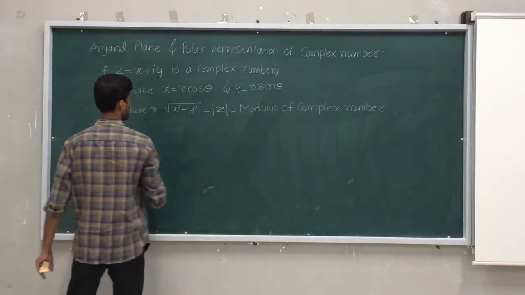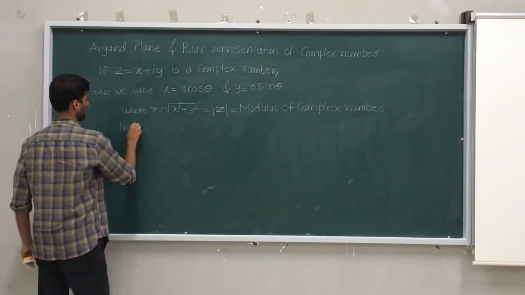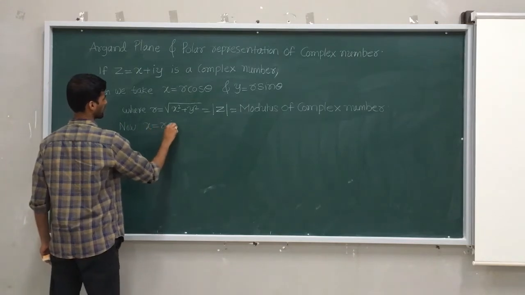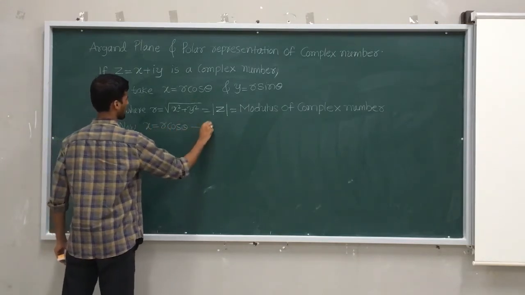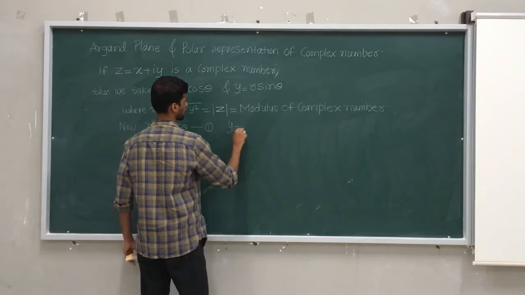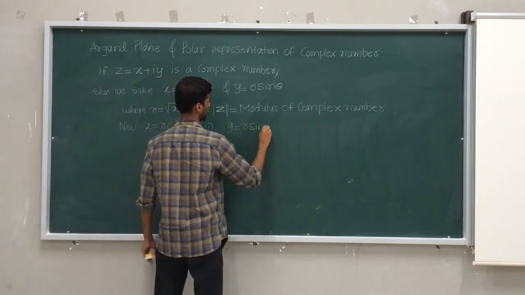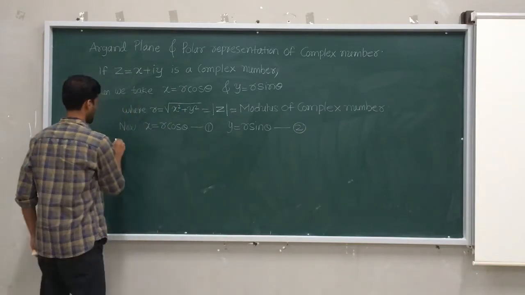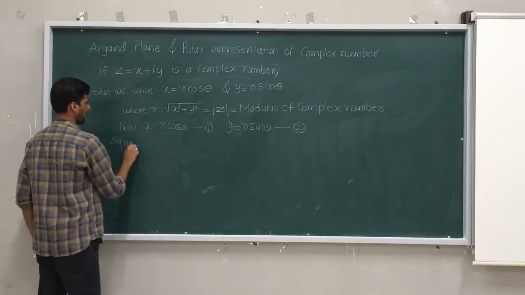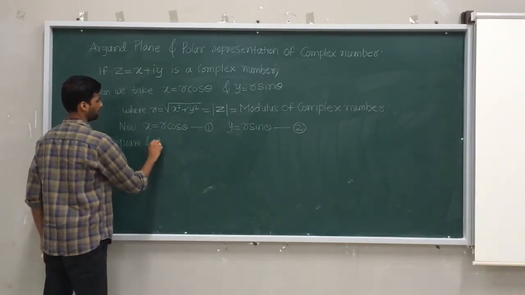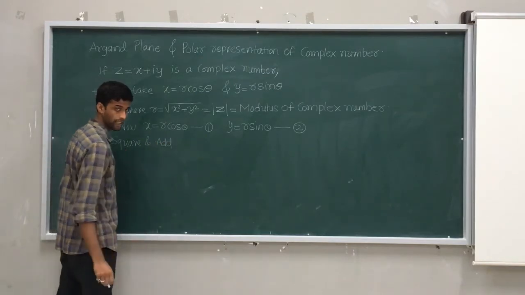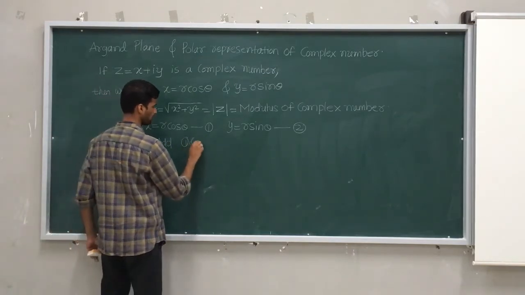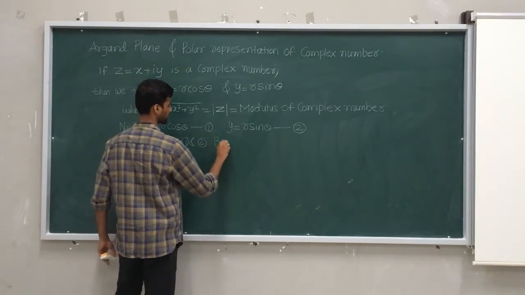Now, x equals r cos theta, I'll call number 1. y equals r sin theta, I'll call number 2. Square and add 1 and 2 on both sides.